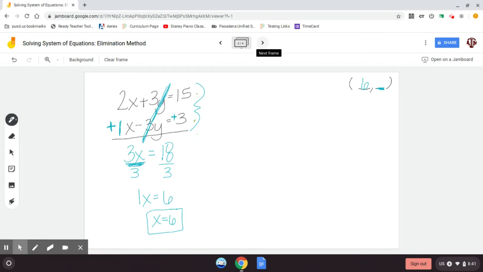So I'm going to do it with the second equation. I have 1x minus 3y equals 3. I know that the x value was 6, so I'm going to plug that in place of the x.